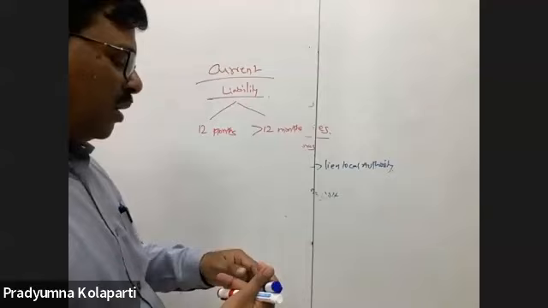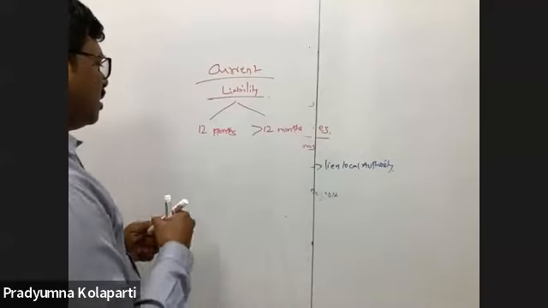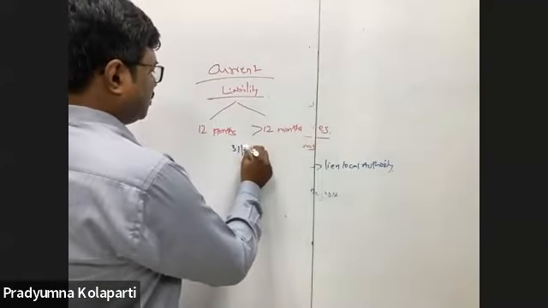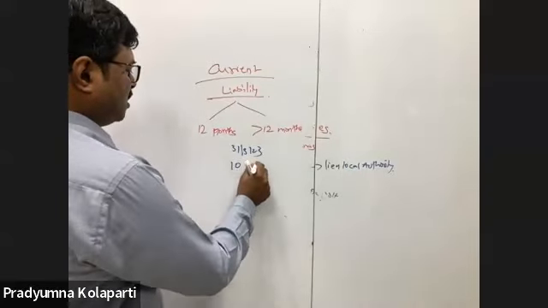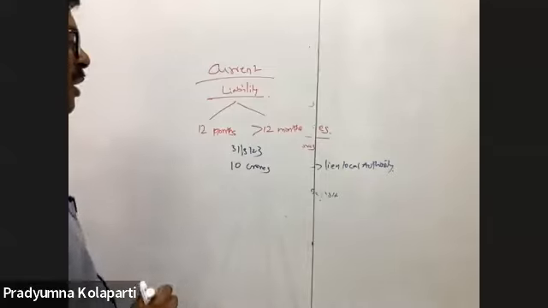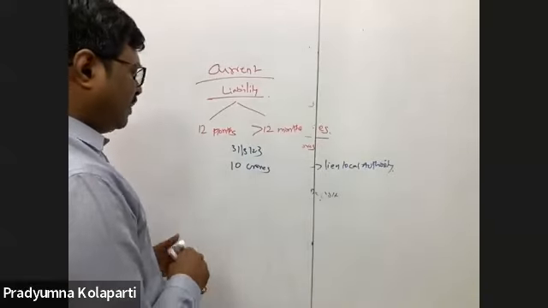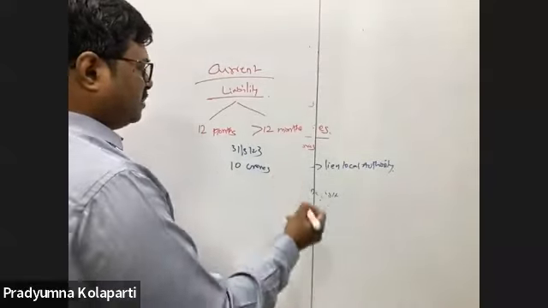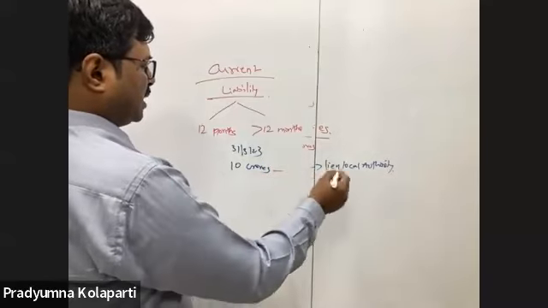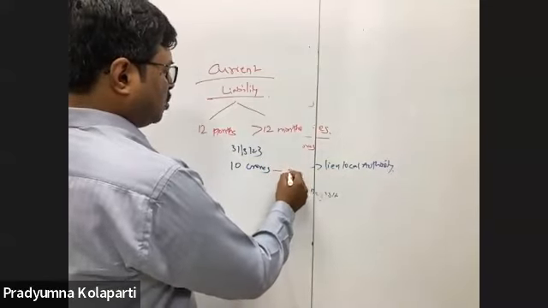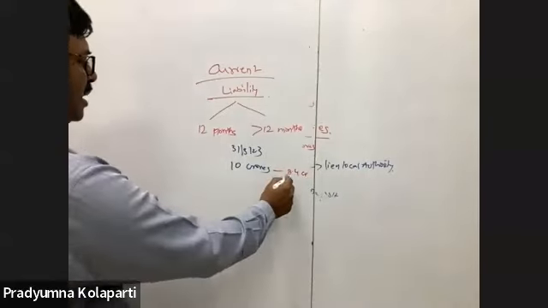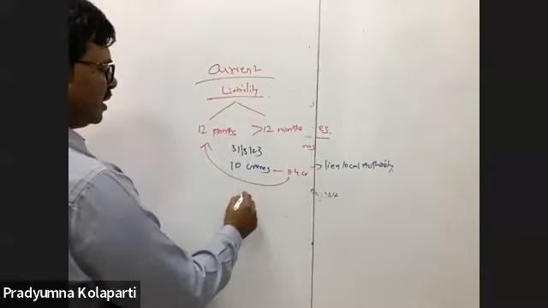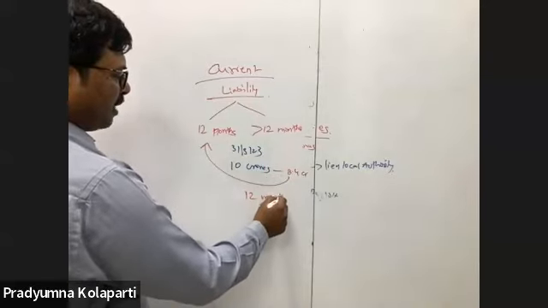Say we are on 31st March 2023, and you are preparing the financials. Say a 10 crore term loan is due, and every month you are paying, say, 20 lakhs. So the next 12 months, 2.4 crores, is a current liability, because it is payable within 12 months.